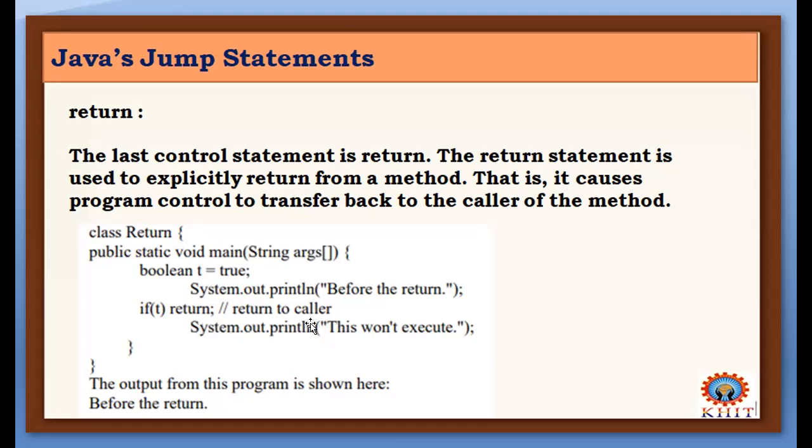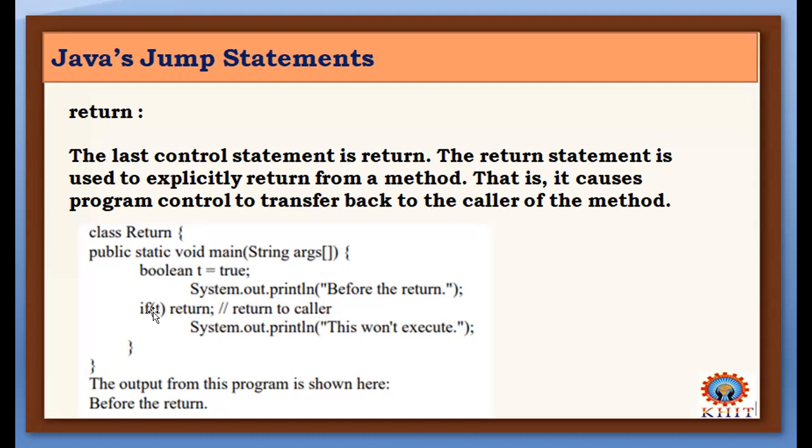So system.out.println, this won't execute. The statements we have written inside the if, if లోపల రెండు స్టేట్మెంట్స్ రాసాం. ఒకటి return, రెండోది system.out.println, this won't execute. So according to the program, first of all, main will be executed. After that it comes to this initialization, then it will print the statement before the return.